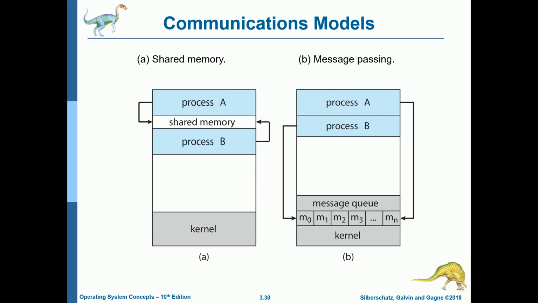Now, shared memory can be faster than message passing since message passing systems are typically implemented using system calls, and thus require the more time-consuming task of kernel intervention. In shared memory, system calls are required only to establish the shared memory region. Once the shared memory is established, all accesses are treated as routine memory accesses, and no assistance from the kernel is required.